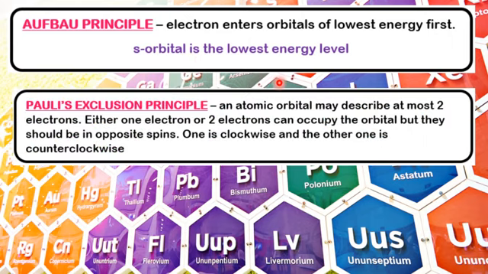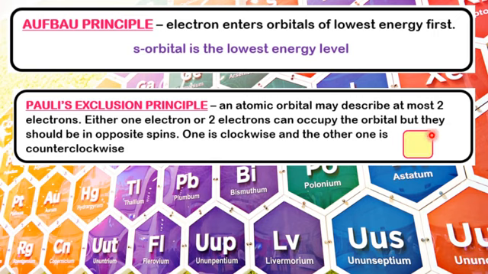Another principle is Pauli's exclusion principle, which states that an atomic orbital may describe at most 2 electrons. Either 1 electron or 2 electrons can occupy the orbital, but they should be in opposite spins. One is clockwise and the other is counterclockwise. Opposite meaning one is arrow up and the other is arrow down, like this.